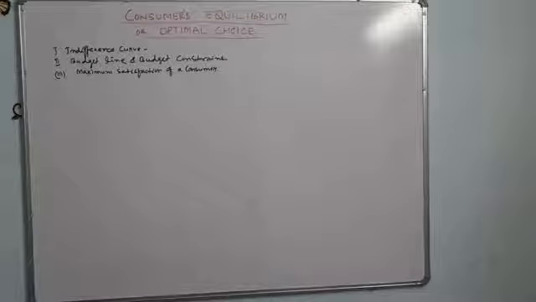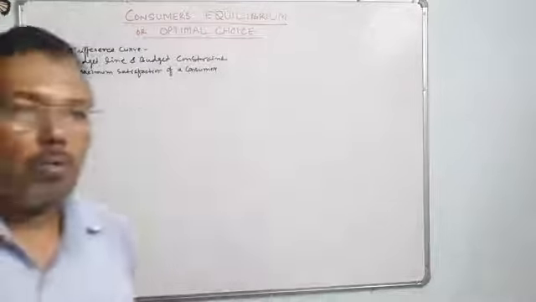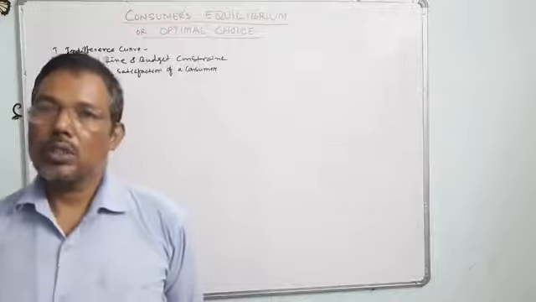We have already discussed budget line, indifference curve and the maximum satisfaction of a consumer, and how he will reach the equilibrium point. As far as the utility approach is concerned, in the single commodity case, marginal utility of X goods equals price of X goods.